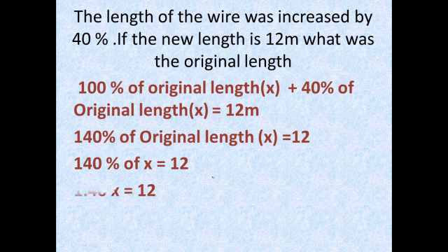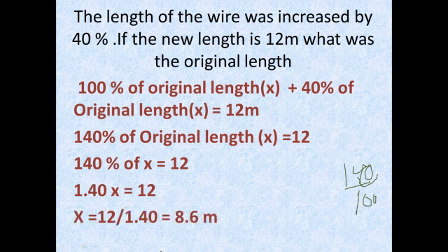In the same way, the decimal will come here, because this means 140 divided by 100. So 2 zeros, the decimal moves to the left, and you get 1.40x is 12, and x is 12 divided by 1.40, which is 8.6 meters.